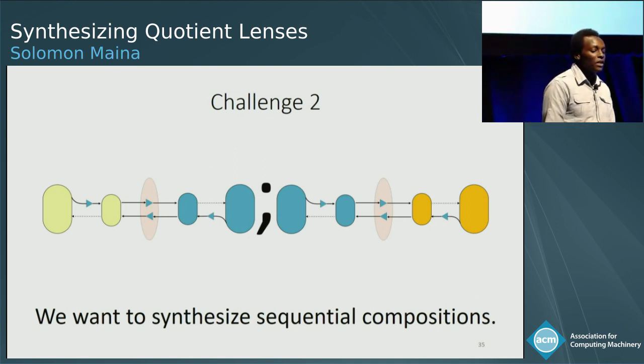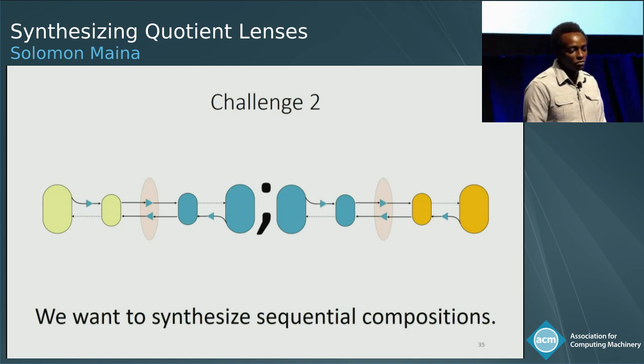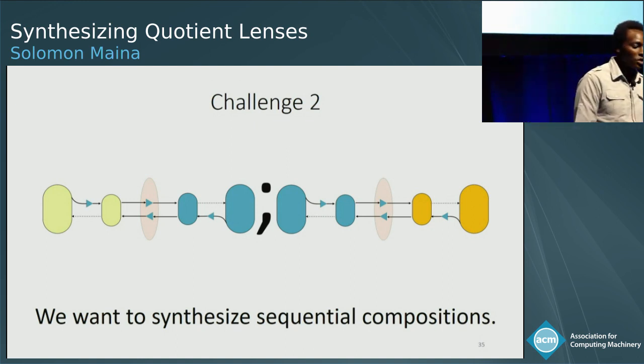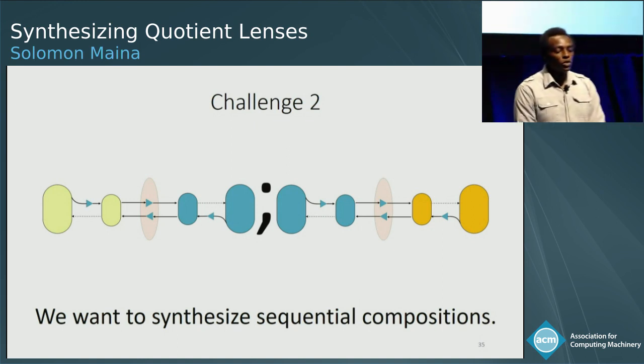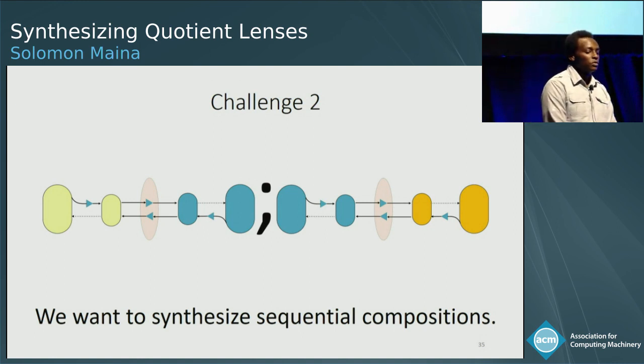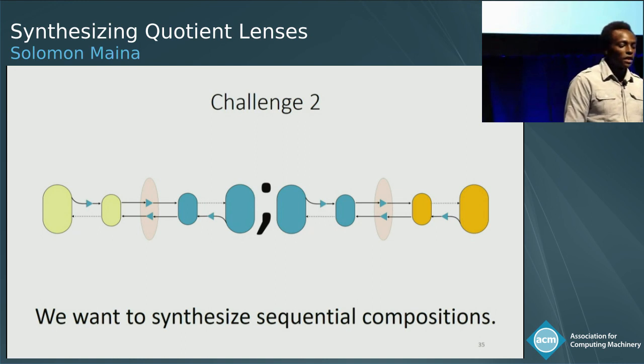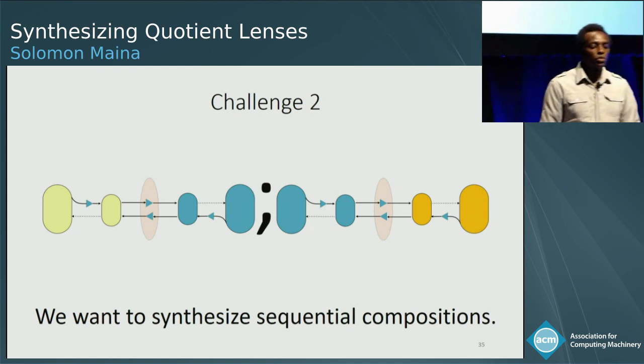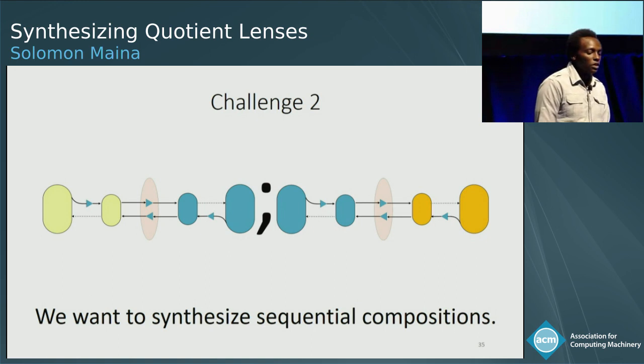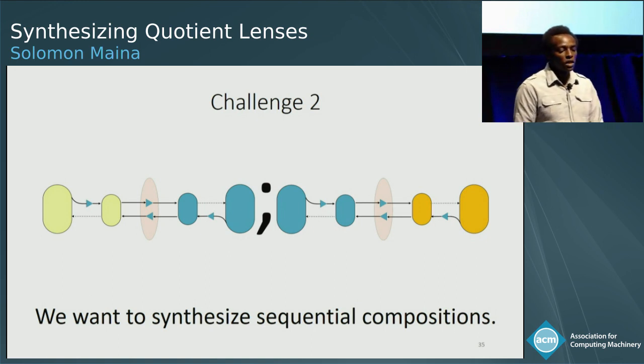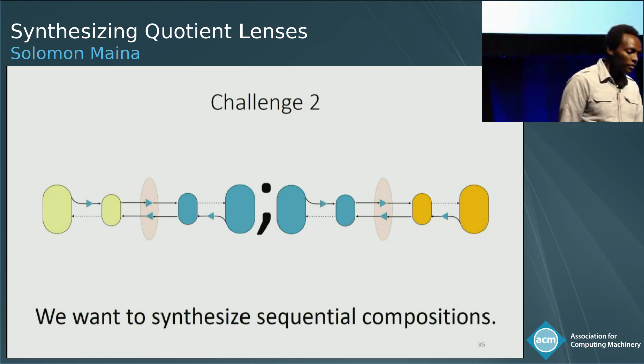So if we have two of these lenses, these quotient lenses, we want to define combinators on them. So for example, if we have a lens from S to T and then another lens from T to U, we want to be able to define the composition of those two lenses that goes from S to U.